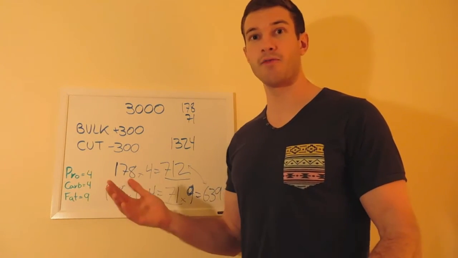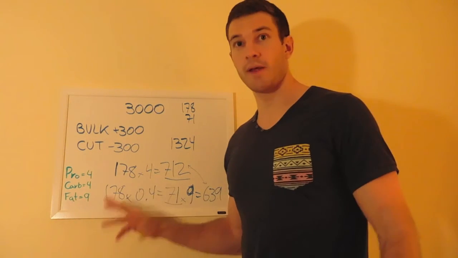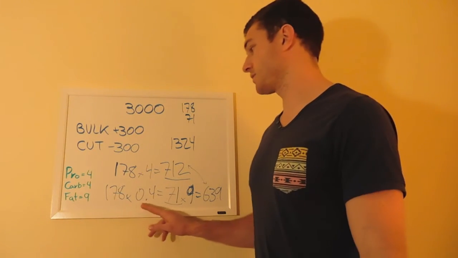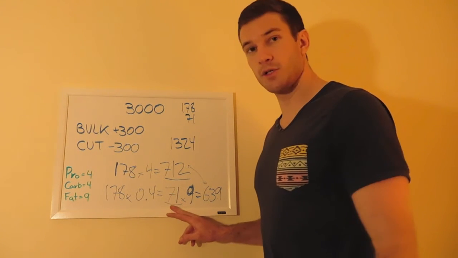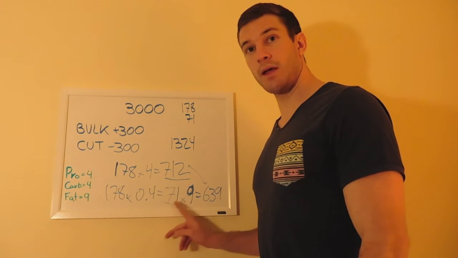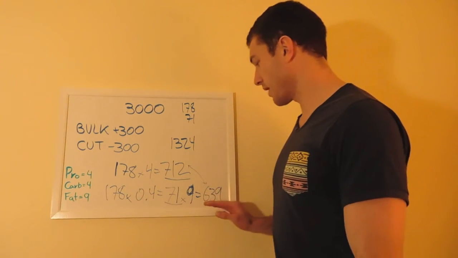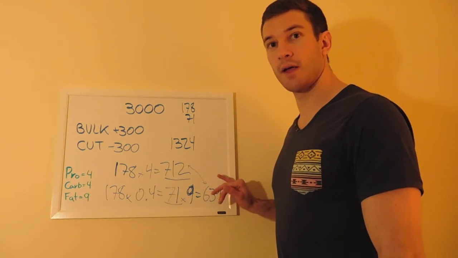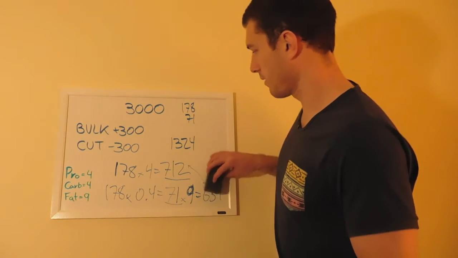Multiply that by 4, which is what we did, and then you're going to multiply your body weight for the fat times 0.4, okay? And then you get the grams that you're going to eat from fat, okay? Then you multiply the grams that you get by 9, which is the amount of calories in a gram of fat, and you get the amount of calories from fat, okay? So you add the protein and the fat, and this is what we get, okay?